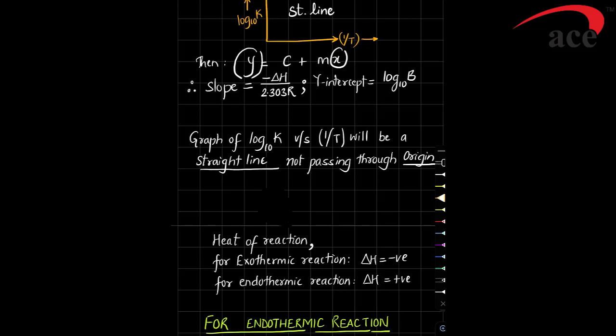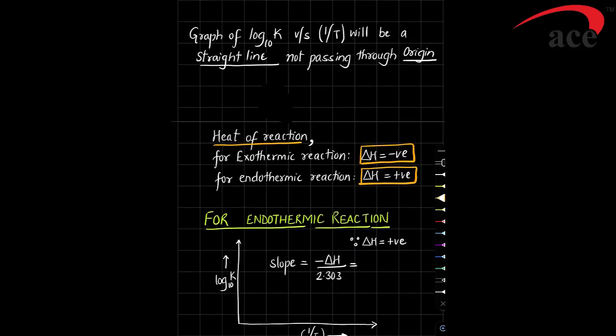Now we go ahead. Heat of reaction. For exothermic reaction, delta H is negative. For endothermic reaction, delta H is positive. So for endothermic reaction, where delta H is positive, slope is minus delta H by 2.303 R, so the slope will be overall negative.